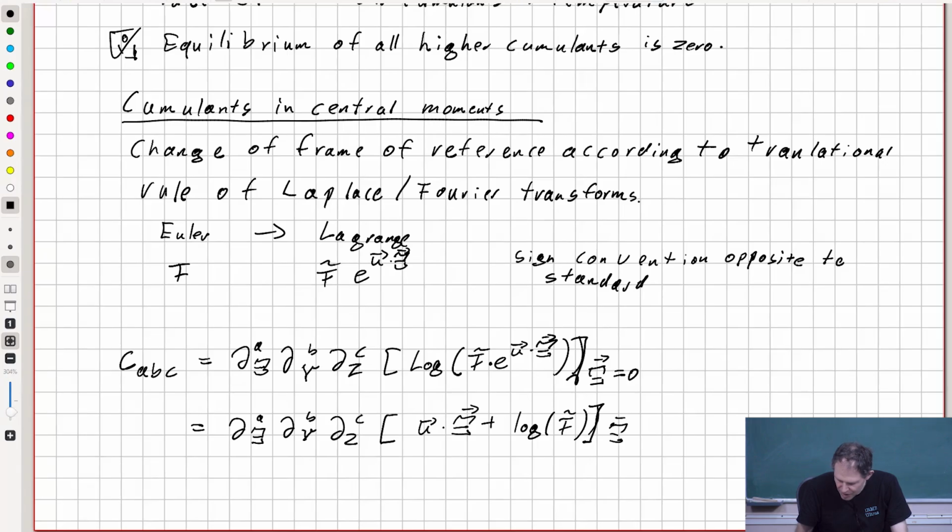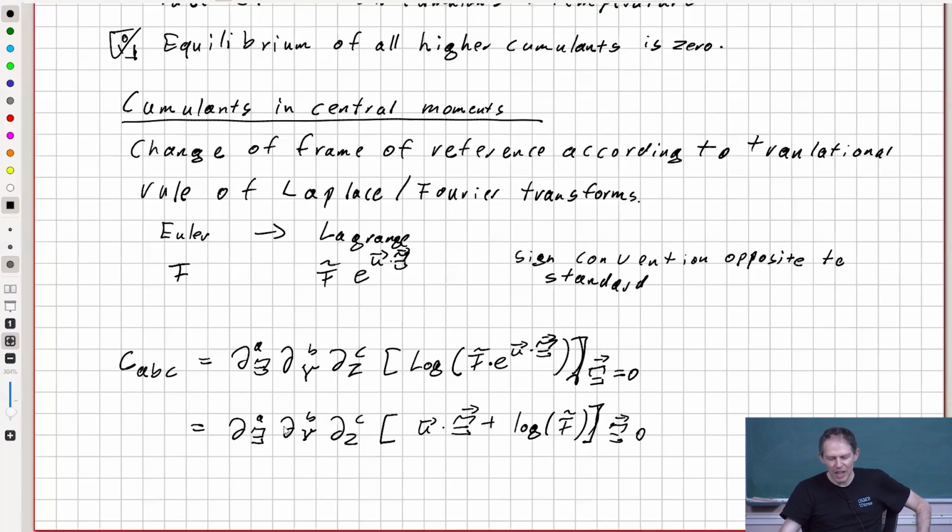Because the f with the snake on top is in the Lagrange frame, it does not depend on velocity anymore, because it has been put into the centered frame, right? So there is no velocity in this function here. All of the velocity is here, right?